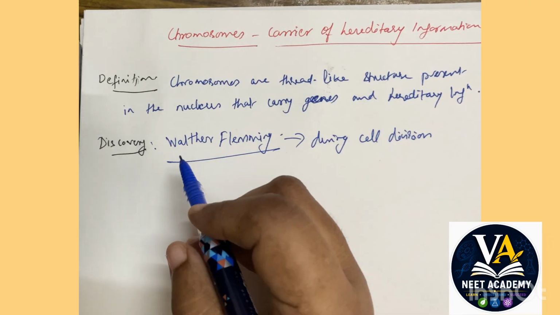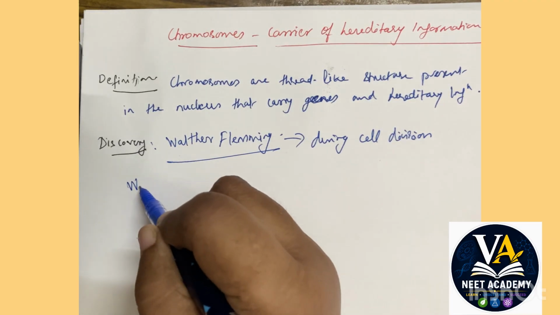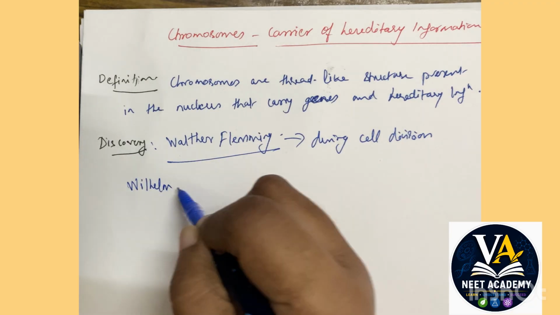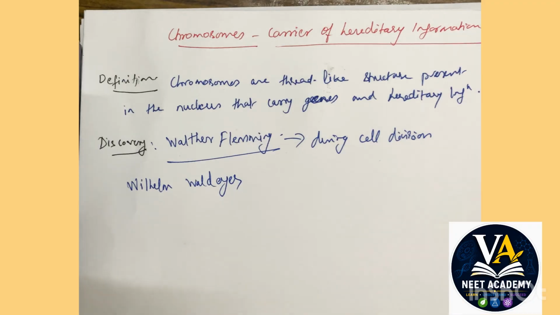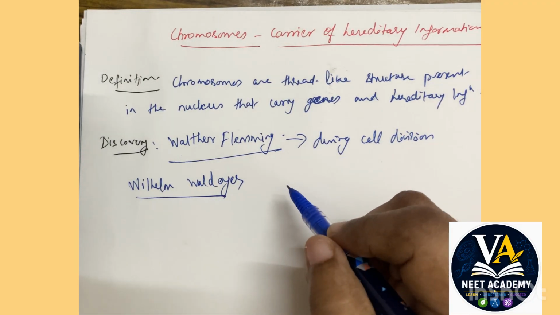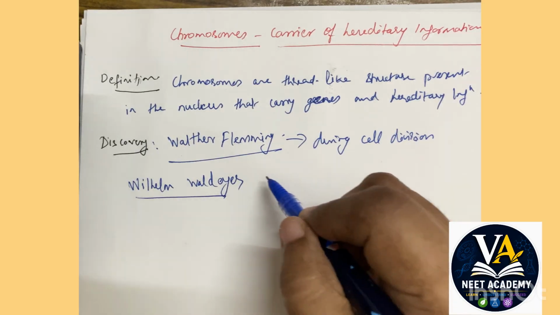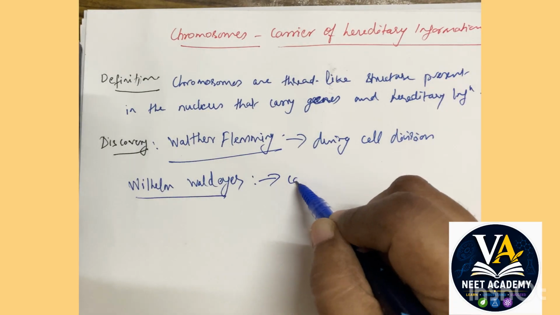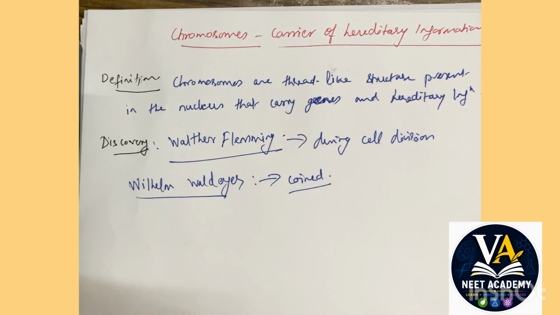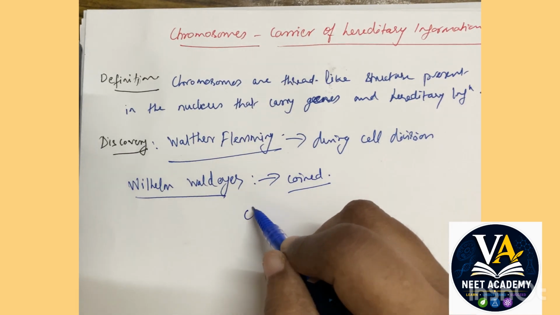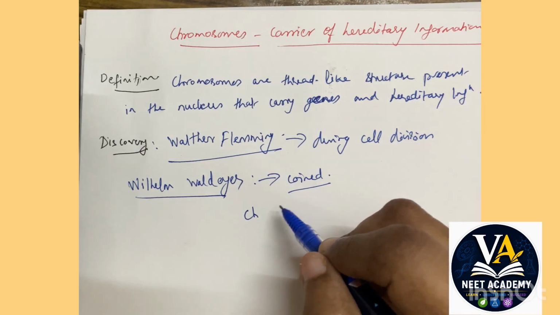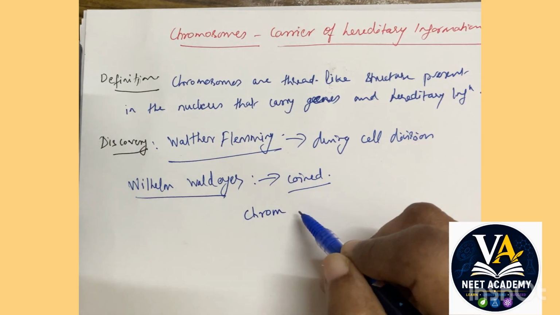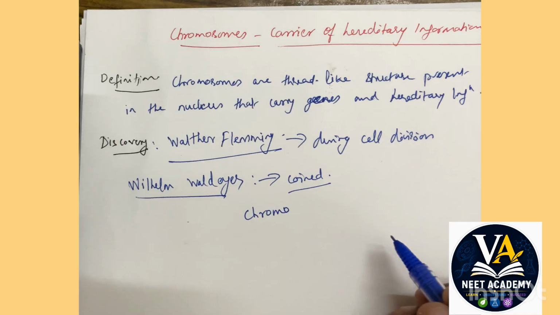Now we will see the other scientist, Wilhelm Waldeyer, W-A-L-D-E-Y-E-R. He is the person who coined the term chromosome. After dyeing the cell, he saw a densely colored substance in the middle of the cell.